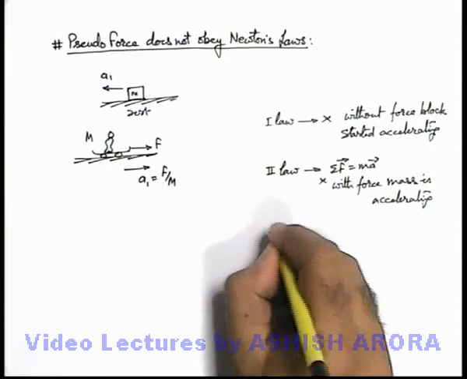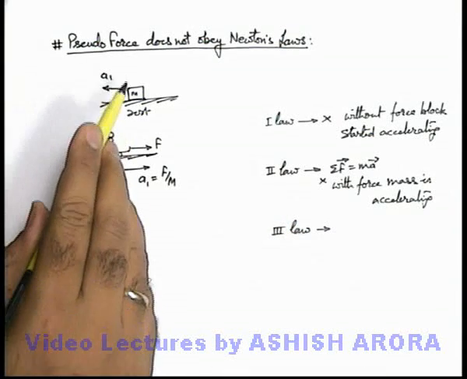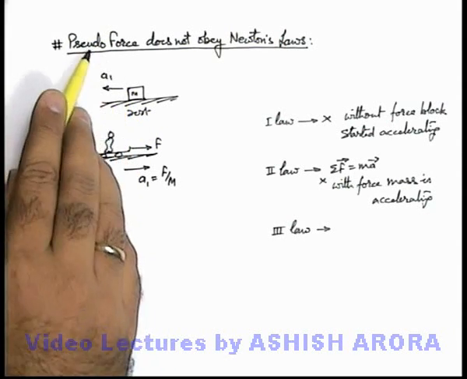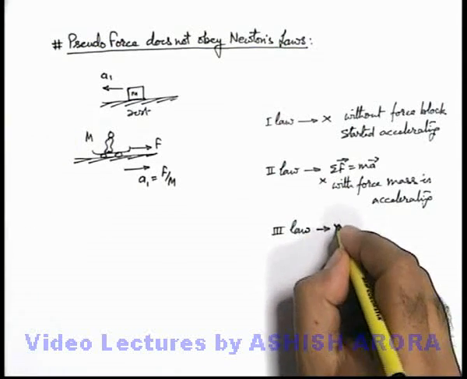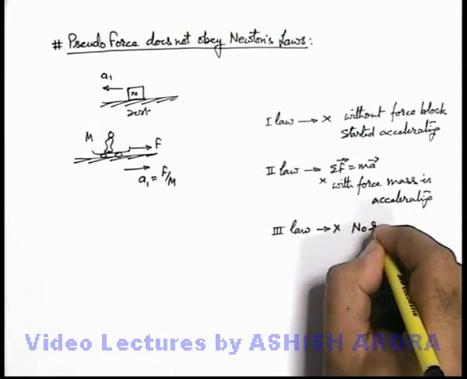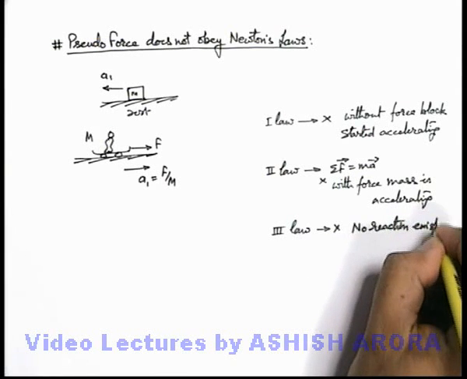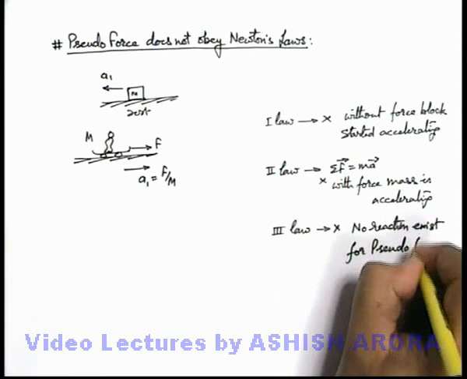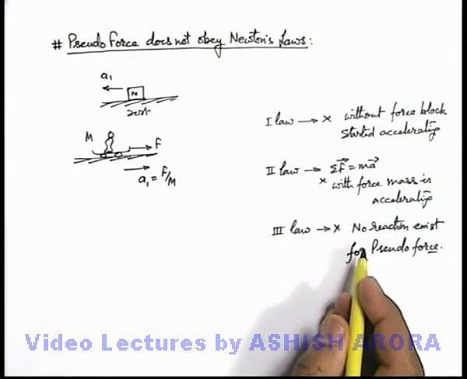Third law, if we talk about action-reaction, we can simply state, even if we consider a hypothetical force acting on it that we define as pseudo force, because of which it is accelerating, this third law is violated, as no reaction exists for pseudo force, because reaction exists only for a real force.